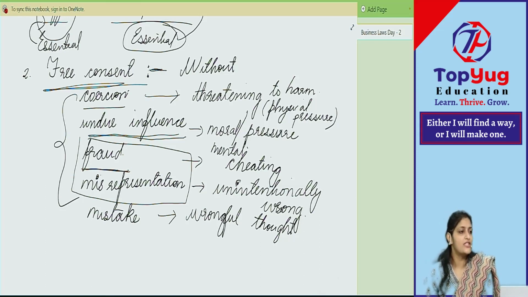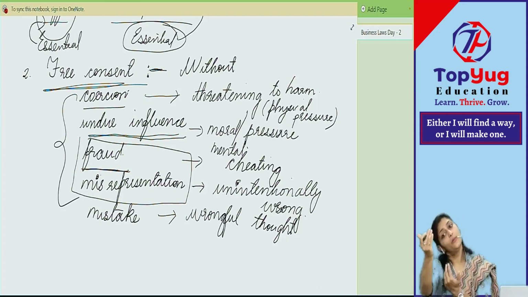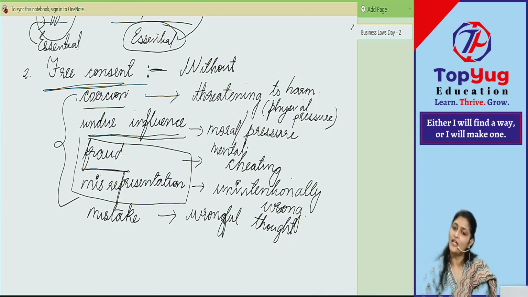See, generally, if it is a unilateral mistake, one party is at mistake, it is considered to be valid. Bilateral mistake means what? Both the parties are at mistake. Then only it is considered to be not a contract. What is the meaning? There is no consensus ad idem, no meeting of minds here. Yes or no? Do you remember I gave you one example, car example?